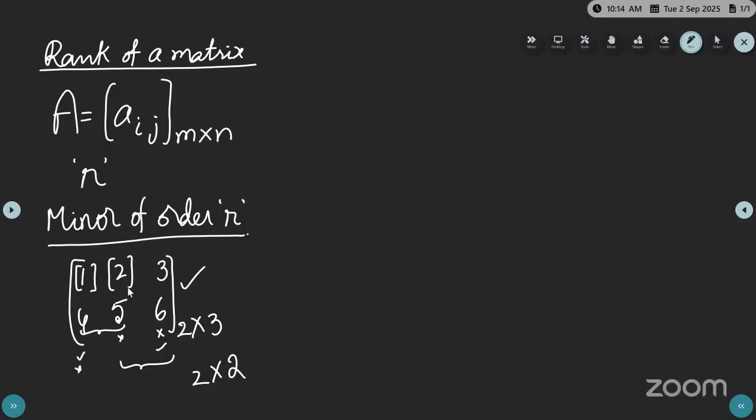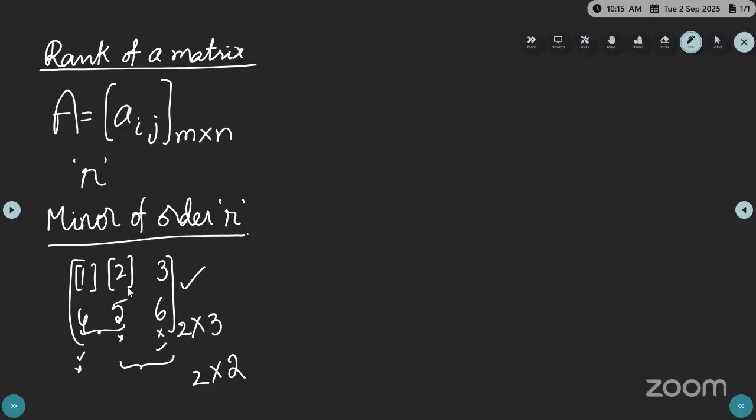Minors of order 4 cannot be obtained because there are no additional rows or columns. So minors can be calculated only up to the minimum of m comma n.